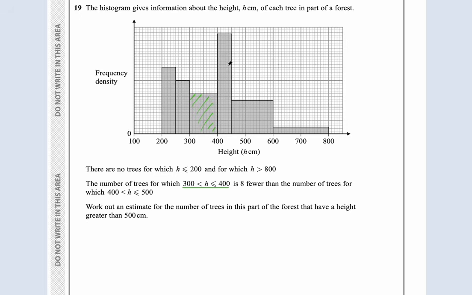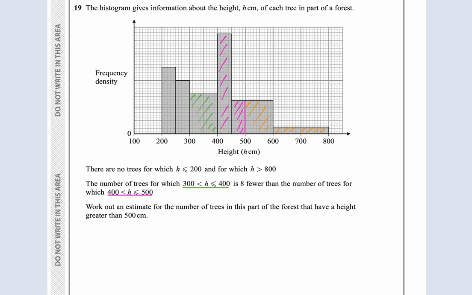Now 400 and 500 is all of this and all of this here, where this is 500. Okay, work out an estimate for the number of trees in this part of the forest that have height greater than 500. So he wants us to calculate all of this. This is what we're calculating, greater than 500, which is this and this.